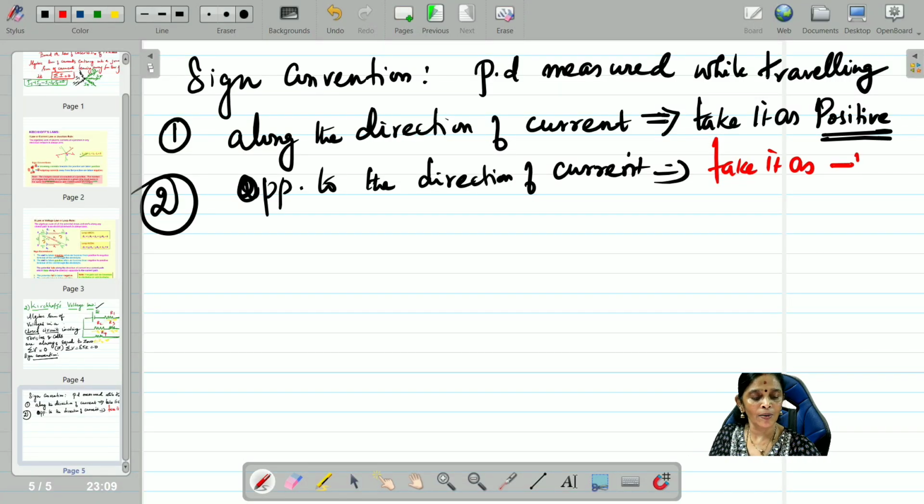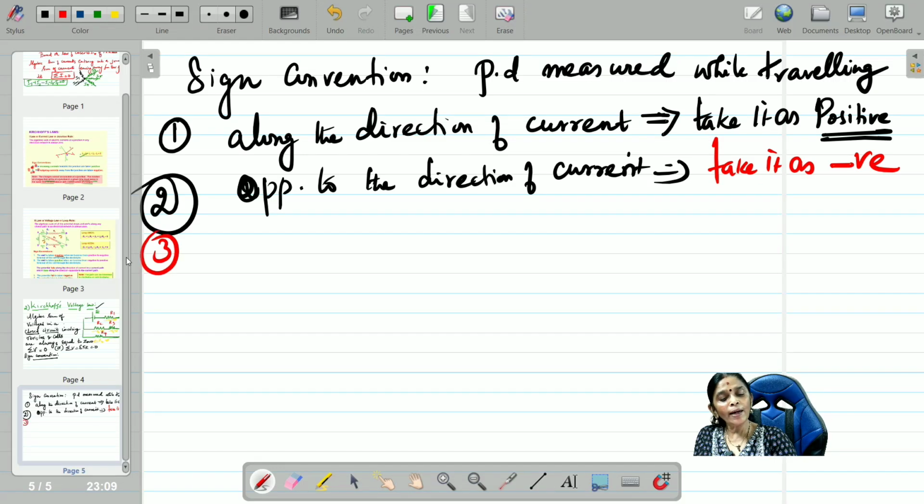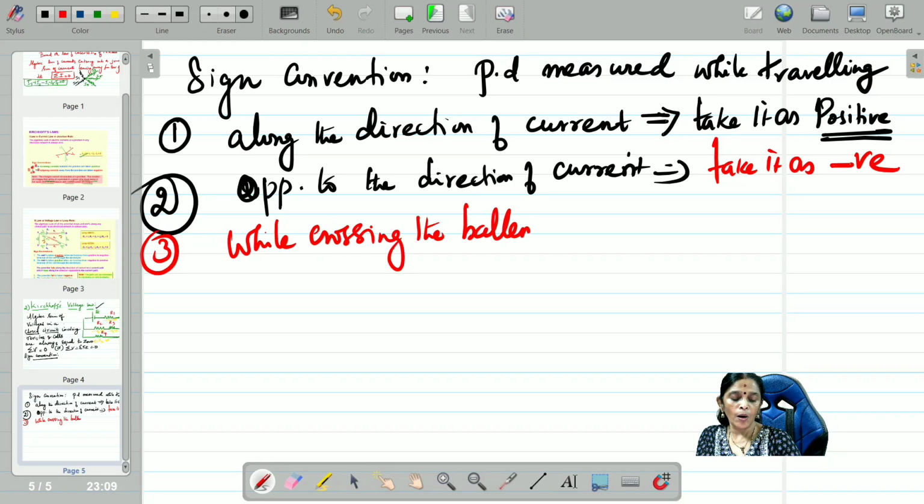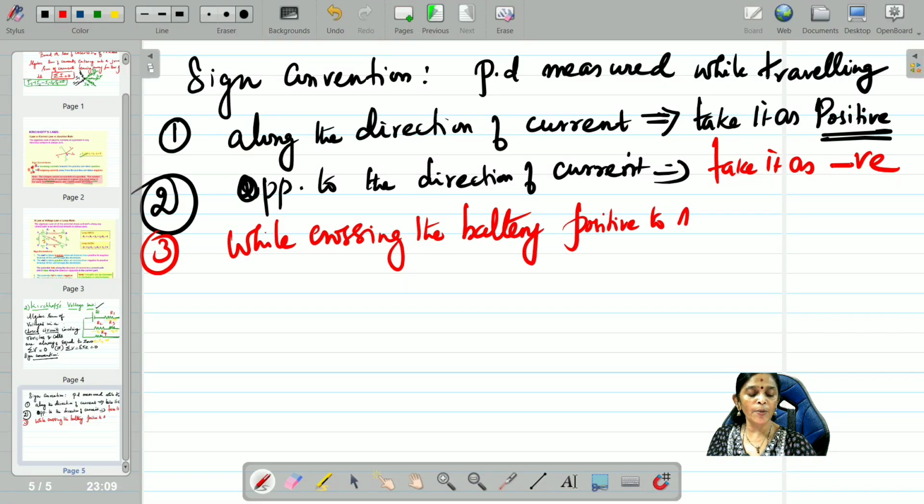Now, while crossing the battery, or that means cells, from positive to negative, then you have to take it as positive.